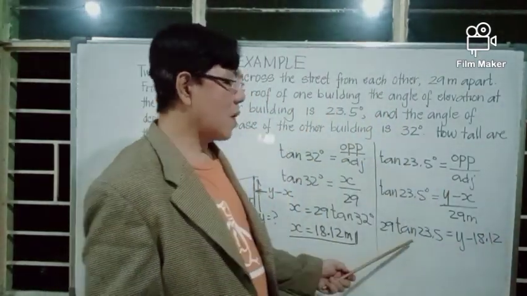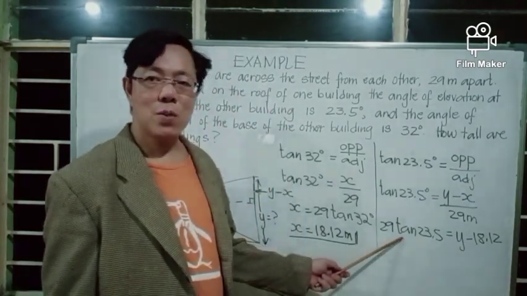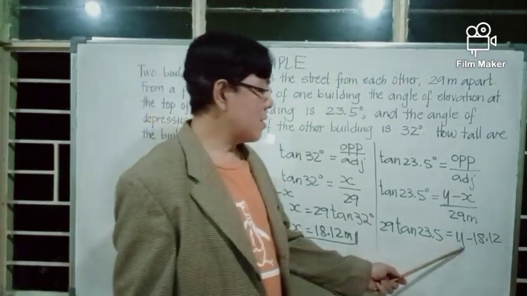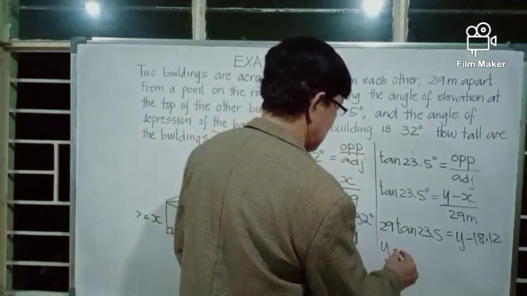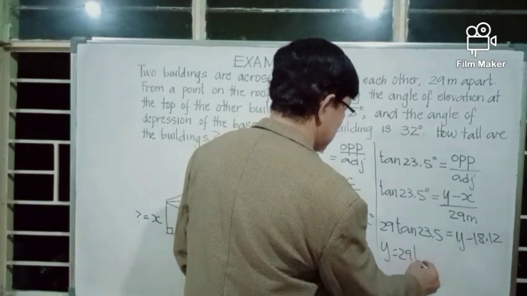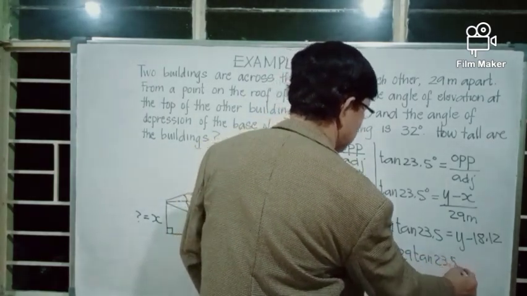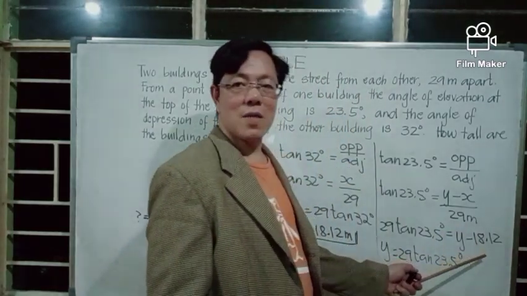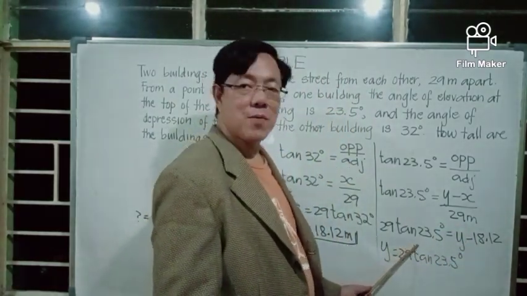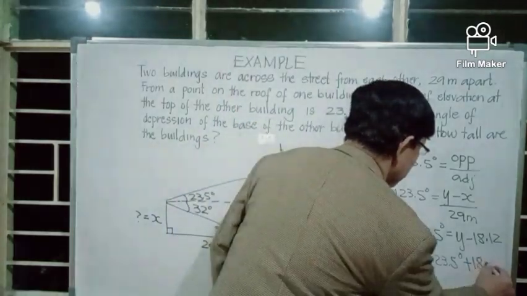And we solve for y from this equation by transposing negative 18.12 to the left. At the right, we get y equals 29 times tangent of 23.5 degrees. Transpose negative 18.12 to the left, we get plus 18.12.